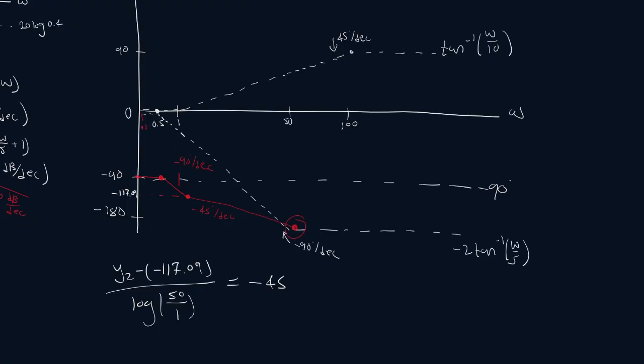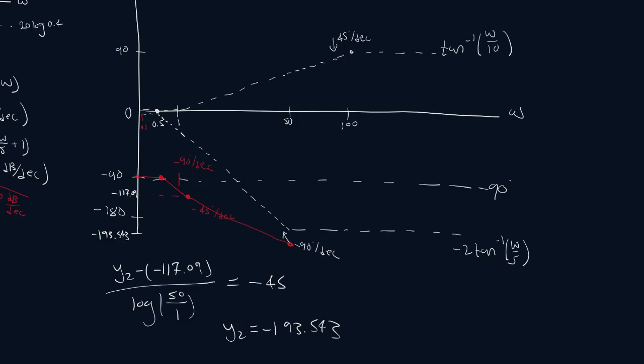That's y2 will be minus 193.543. So it's actually not going to be here. It's going to be much down here. So somewhere around this point. So again, not to scale.